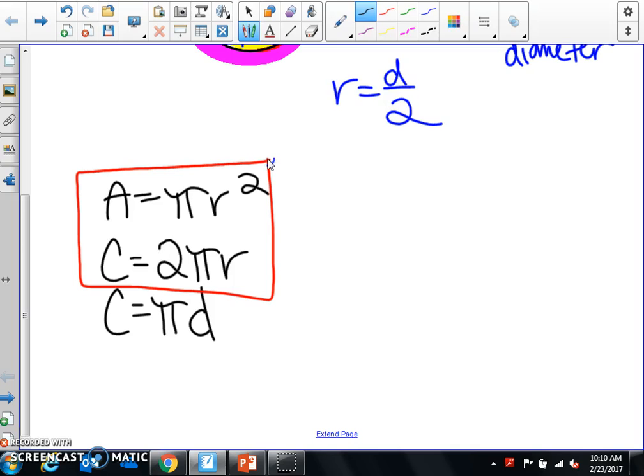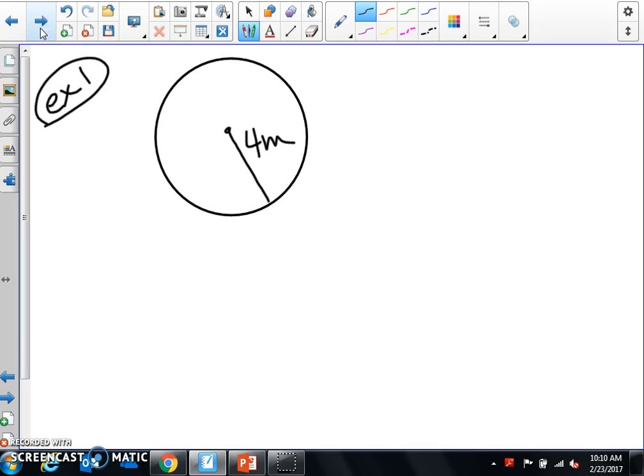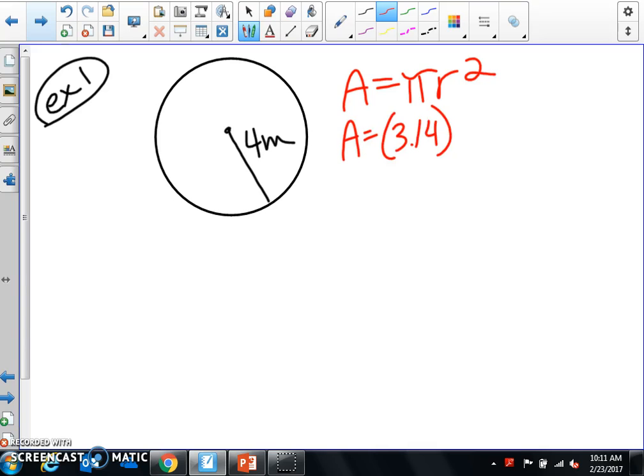Alright, so let's go ahead and get into it. We're going to find the area and circumference of each circle. So let's say they gave us 4 meters there. The good thing is they're only going to give us one piece of information per circle. So we don't have to figure out which to use here, which to use there. So let's start with area. So area is pi r squared. We are always going to turn pi into 3.14. So area equals 3.14, and now my radius is 4, so that's 4 squared.